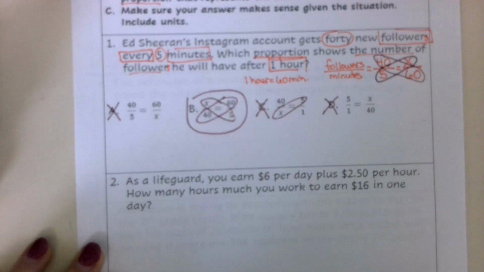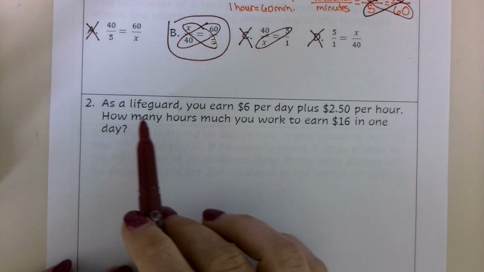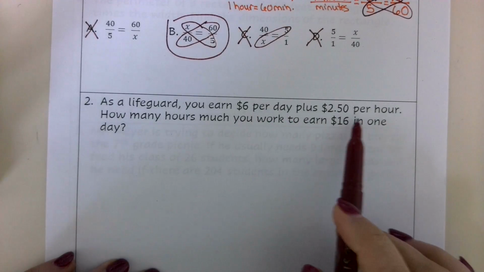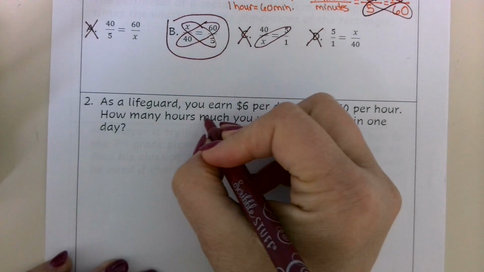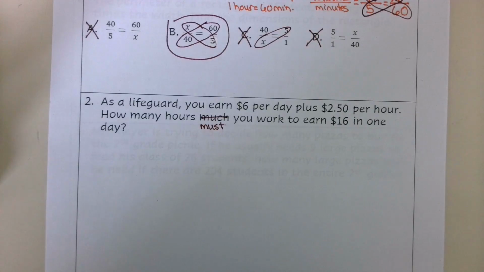Let's take a look at number 2. Number 2 says, as a lifeguard, you earn $6 per day plus $2.50 per hour. How many hours must you work to earn $16 in 1 day? Okay, this is setting up a two-step equation.